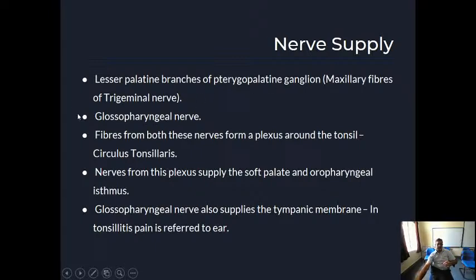And since the glossopharyngeal nerve is the one supplying, and the glossopharyngeal branch is also supplying the tympanic cavity, the tympanic plexus in the middle ear cavity, the pain is referred when there is an infection in the tonsillar region. It is referred to the ear. This is called referred pain.